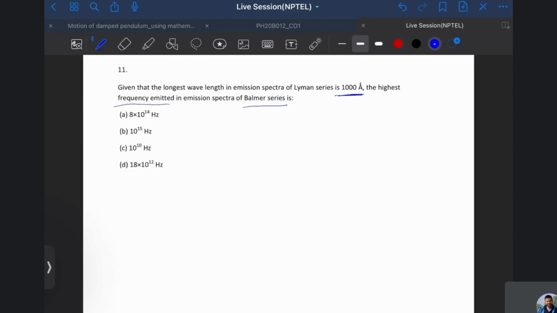So using the same formulas, 1 by lambda equals R into 1 by n1 square minus 1 by n2 square. For Lyman we have 1 by 1 square minus 1 by n square. Now this lambda given is the longest wavelength.